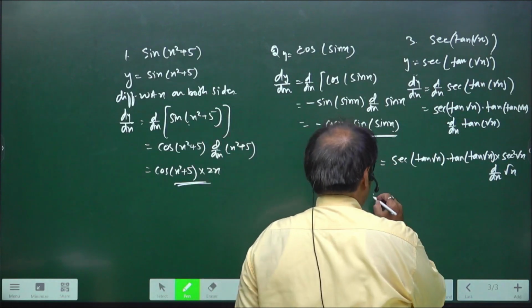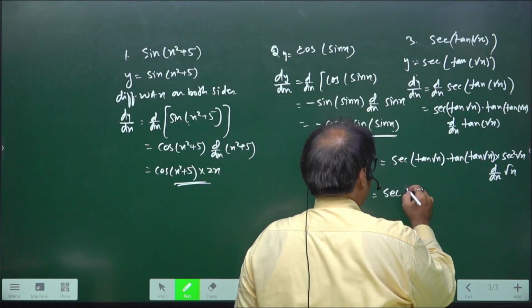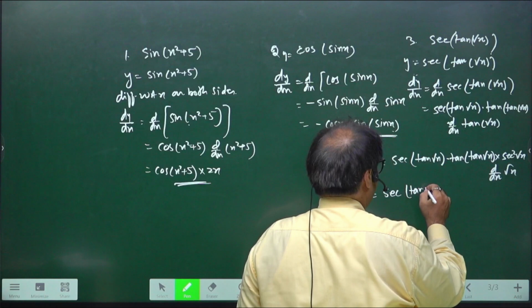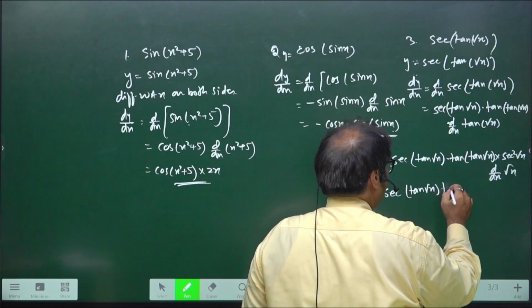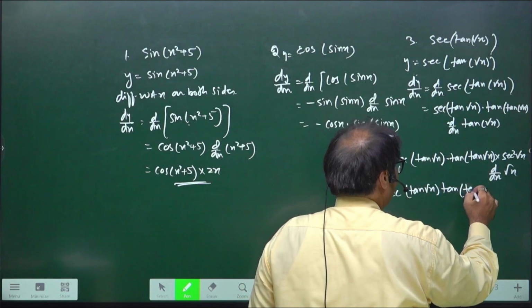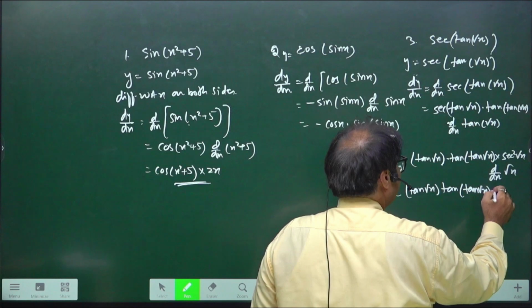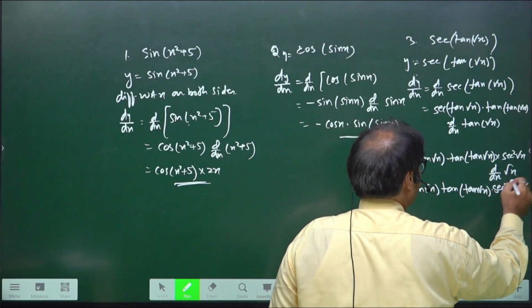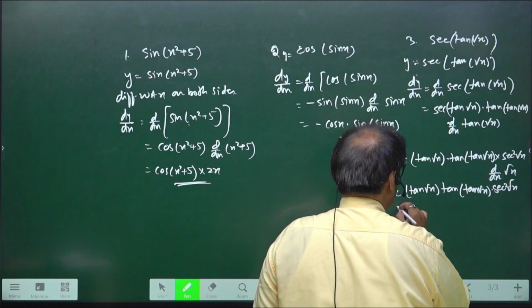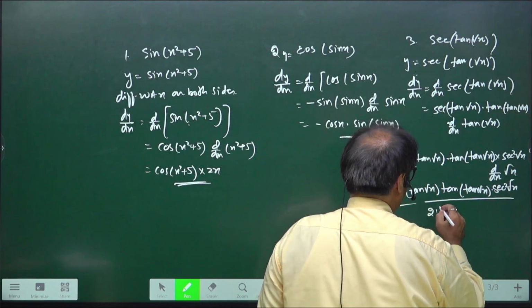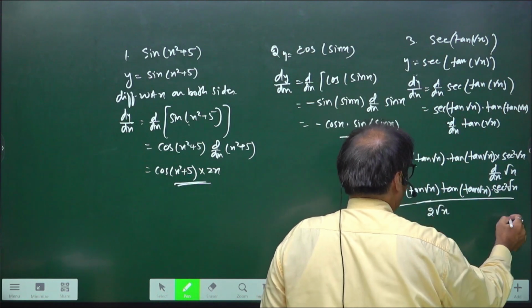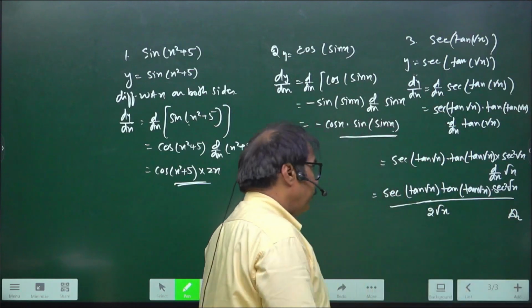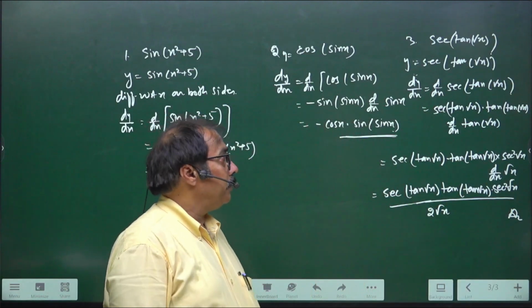So the final answer is sec of tan root x into tan of tan root x into secant square root x, and the derivative of root x is 1 by twice root x. So this should be the answer of this question, right?